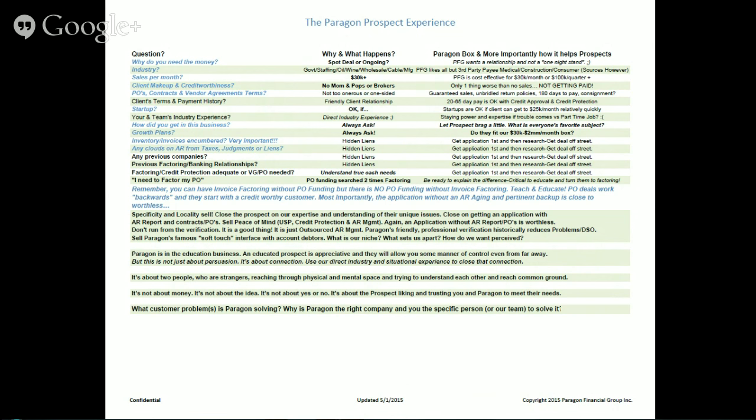We're a firm believer in using credit insurance as a tool. So Paragon has an insurance policy that protects our clients' customers, the account debtors, against bankruptcy and insolvency. So we pass the features of our credit insurance onto our clients as credit protection. That's another great tool to use.